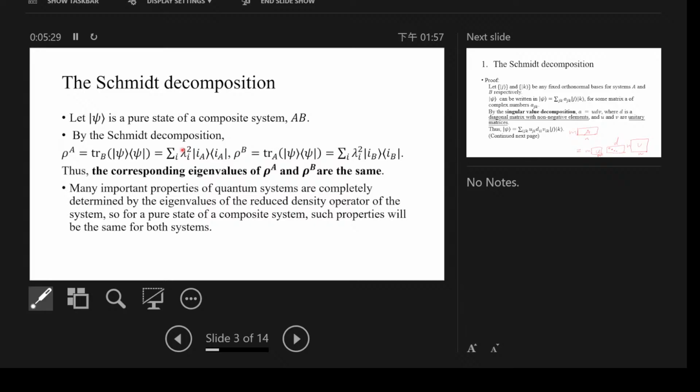You can also do a similar thing on rho_B, and similarly you get the sum over i of lambda_i squared |i_B><i_B|. You see that those two things are very similar.